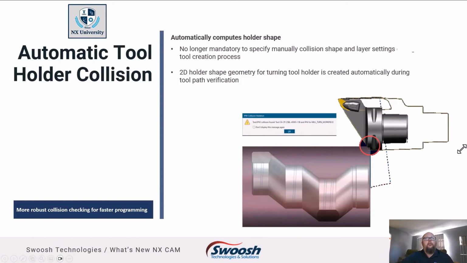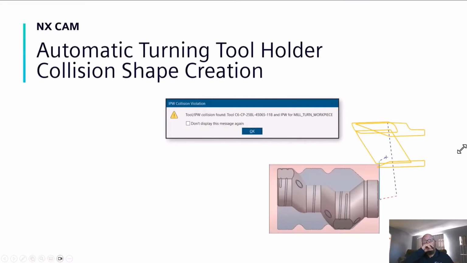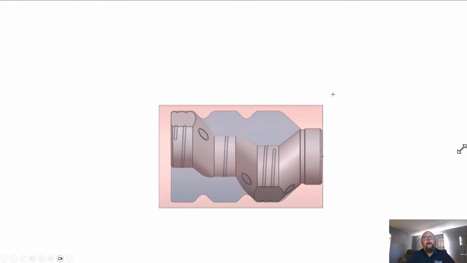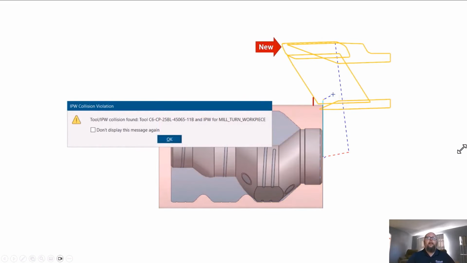Automatic tool holder collision. This is regarding turning tools and using tool graphics. Out of the box, if we generate some tool paths in turning, we are always actively checking collisions against the insert. But our insert has to be mounted into something.